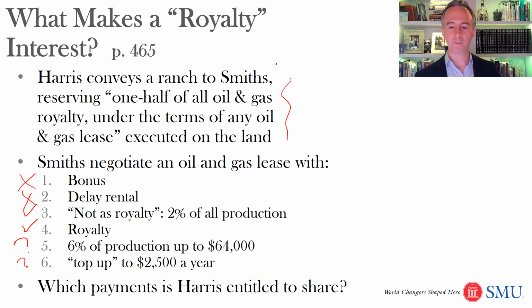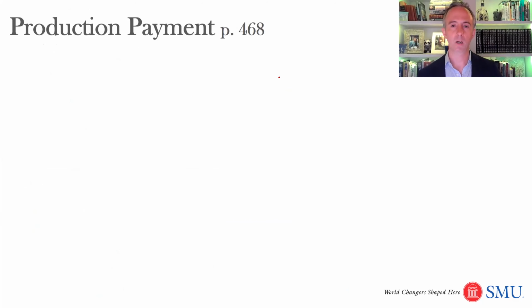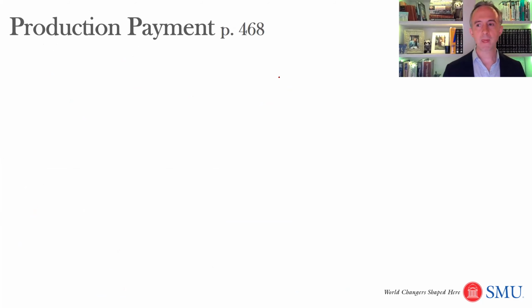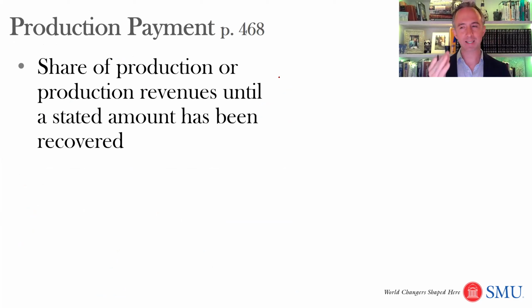This we often will throughout the course say NPRI, non-participating royalty interest. Okay, now that sum certain that's made out of production, that's called a production payment. As I said, the Texas court seems to suggest it's not a royalty, but what it is, it's a share of production or production revenues that you receive until a stated amount has been recovered.